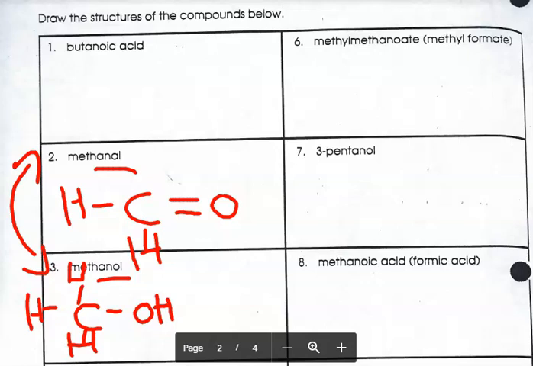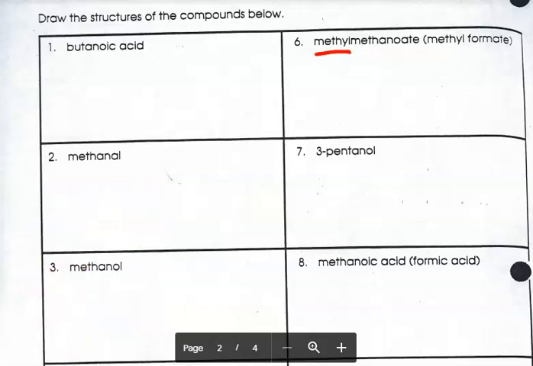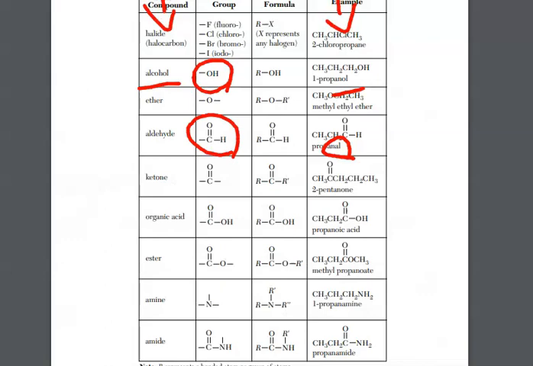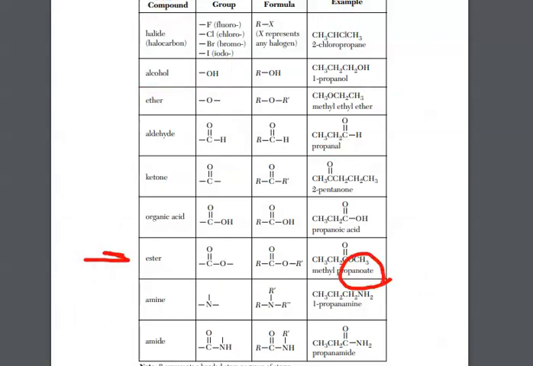All right, on the other side here, let's go to number 6. We got methyl methanoate. All right, this is a funky ending. Let's go to reference table R. The OATE ending shows up down here for an ester. And notice that an ester has 2 oxygens. Only esters and organic acids have 2 oxygens. So I have, instead of methyl propanoate, I have methyl methanoate.